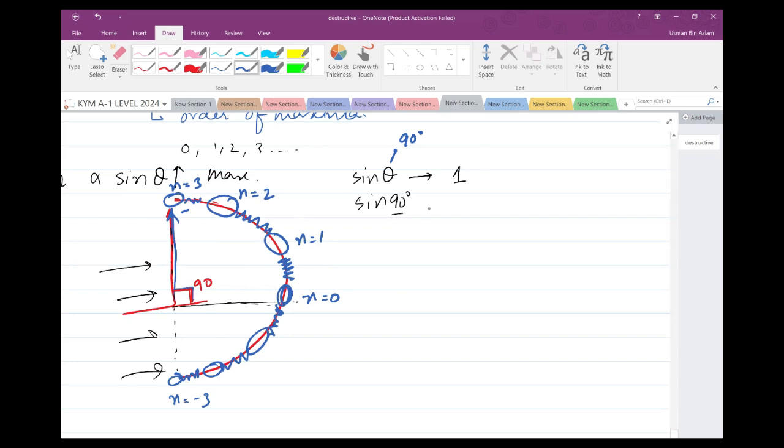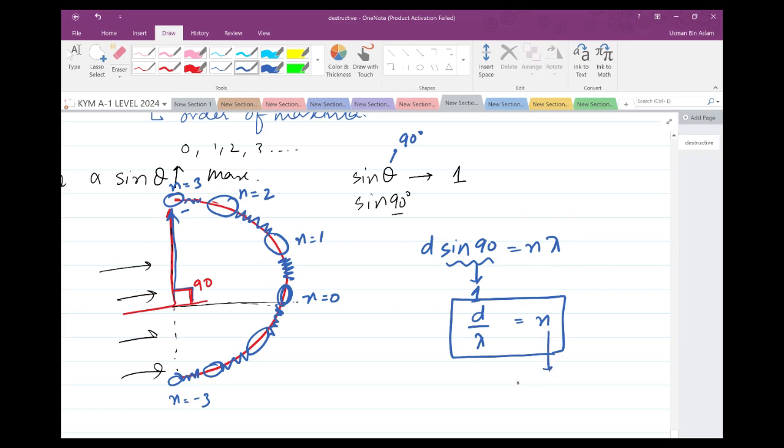Okay, so when you place theta to be 90 degrees, sine 90 automatically reduces to 1. From here, the maximum number of maxima above the central line will be equal to d divided by lambda.